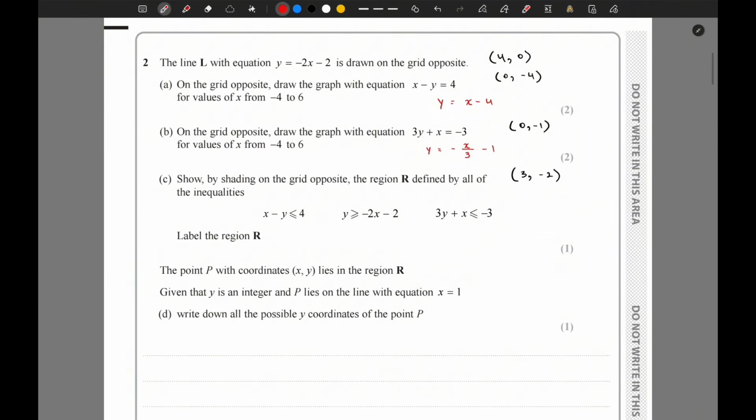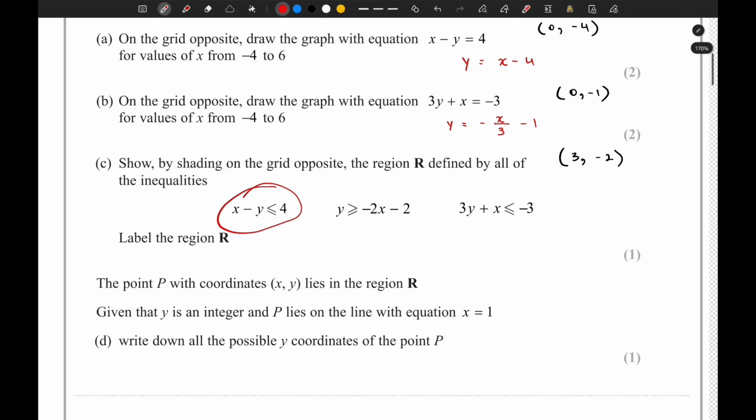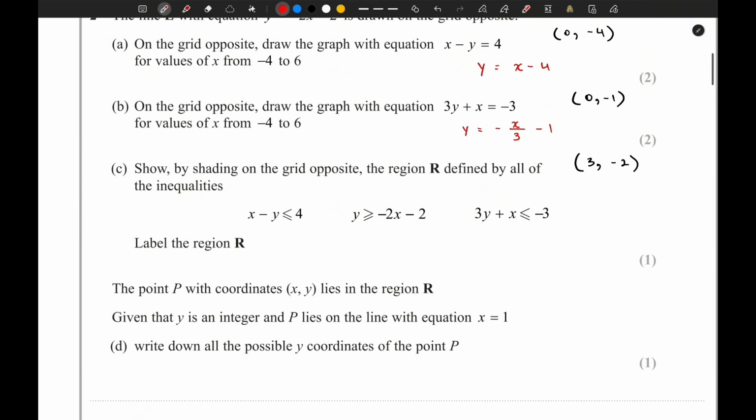And for the other one, x minus y is less than or equal to 4. Now, keep in mind that y is negative in this part. You need to make y positive. So I can say that y is greater than or equal to x minus 4, because I just brought this y to the right hand side of the equation and moved this 4 to the left hand side of the inequality.